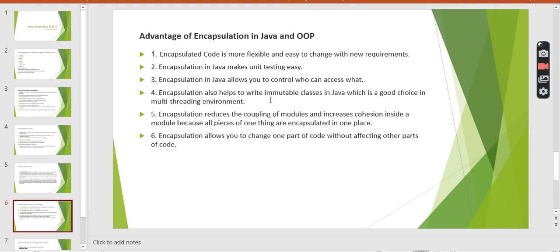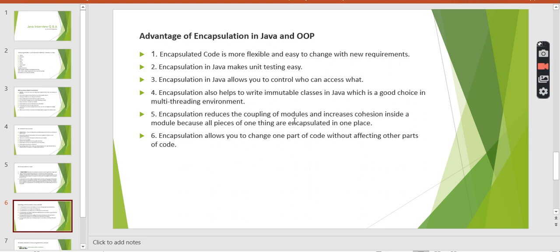Okay, I will discuss the immutable class example and everything in a later slide. Right now, you can understand that it helps to write immutable classes in a multi-threading environment. Multi-threading I will also discuss later. Right now I will explain only the advantages of encapsulation.